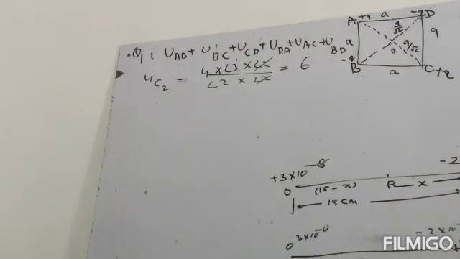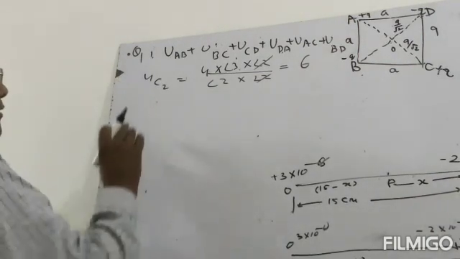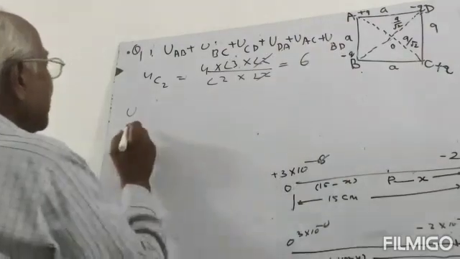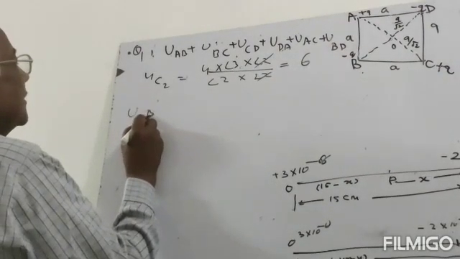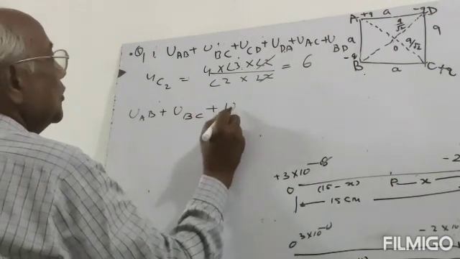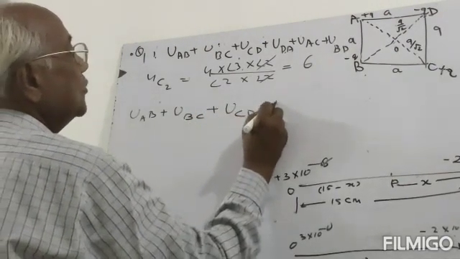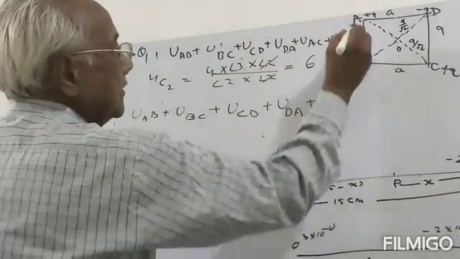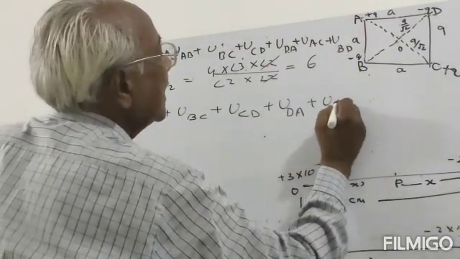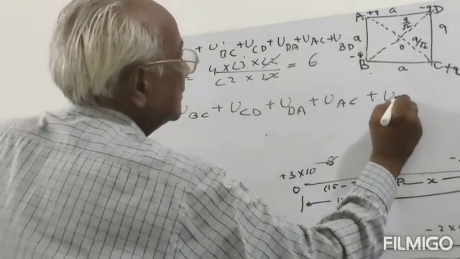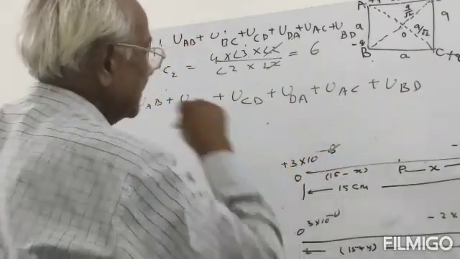Now the 6 terms will be: u between A and B, u between B and C, u between C and D, u between D and A, u between A and C, and u between B and D.